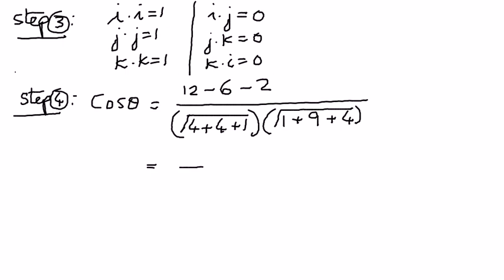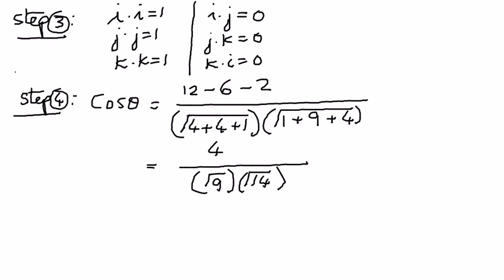In the numerator, when we simplify, this is 12 minus 6 is 6, 6 minus 2 is 4, divided by 4 plus 4 is 8, plus 1 is 9, square root of 9, times 1 plus 9 is 10, 10 plus 4 is 14, square root of 14.